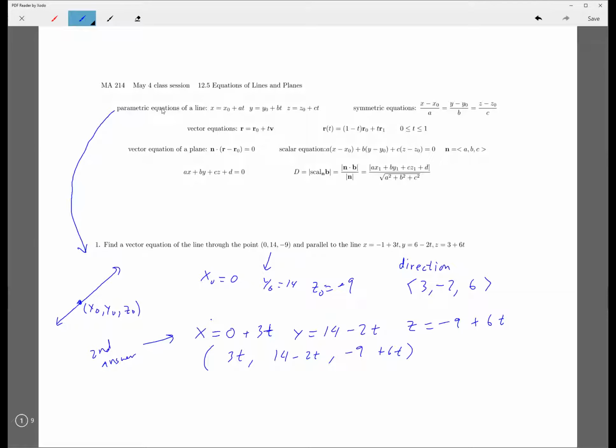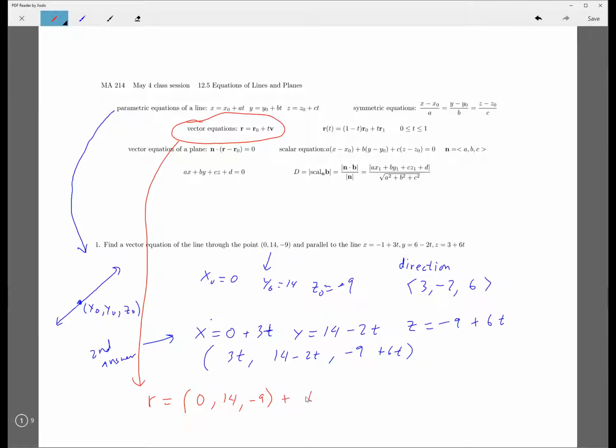Okay, and then for the first answer, it's asking for the vector equation. And so this is the vector equation. It's r0 plus tv. So r0 would be just this point right here, which represents the point 0, 14, -9.